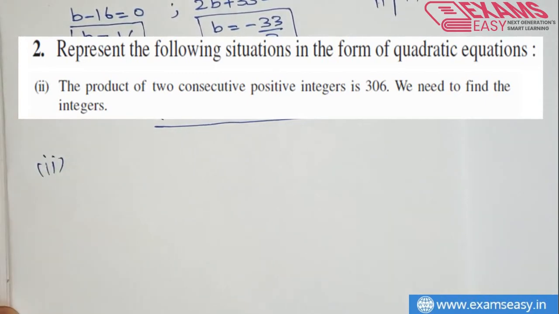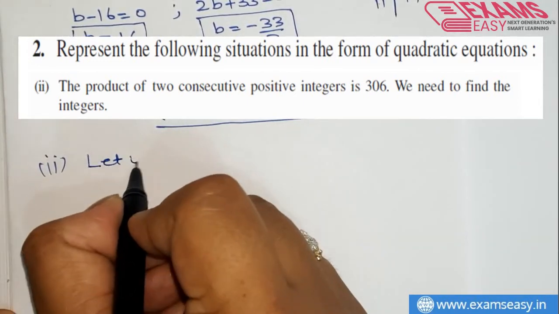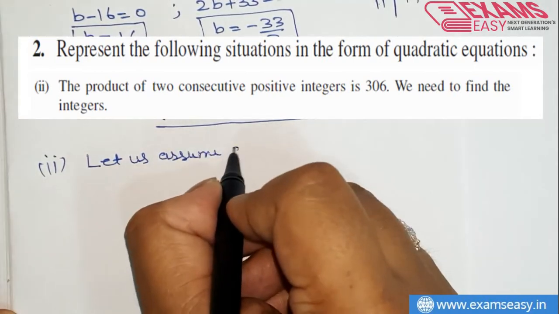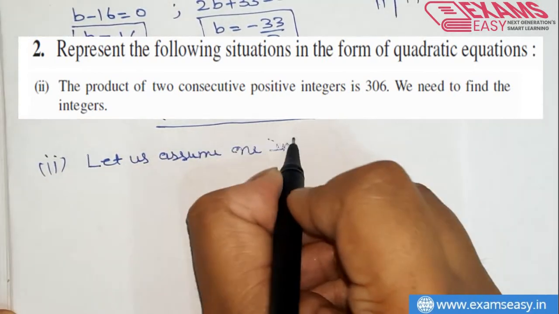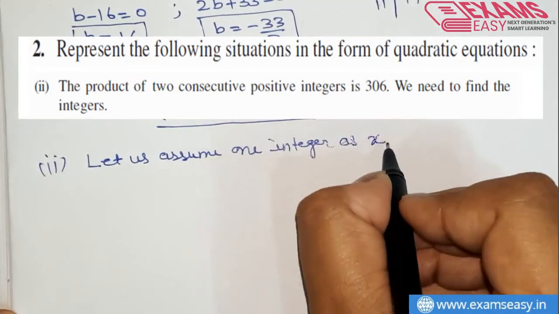Please read the question on the screen. The product of two consecutive positive integers is 306. We need to find the integers. So let us assume one integer as x.